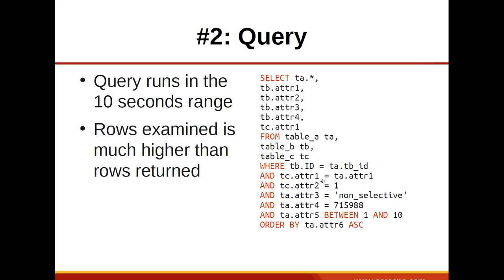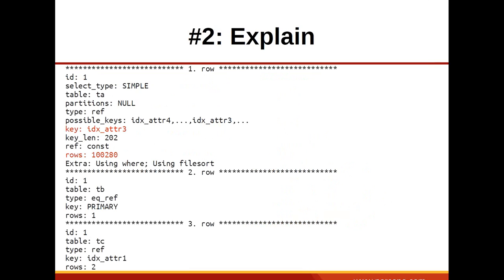So we have to examine if there is anything selective we can use, and what that would be. What is also interesting here is that in the possible keys section of table A, the index on attribute4 is listed also.